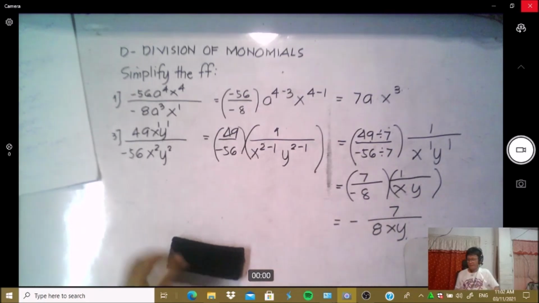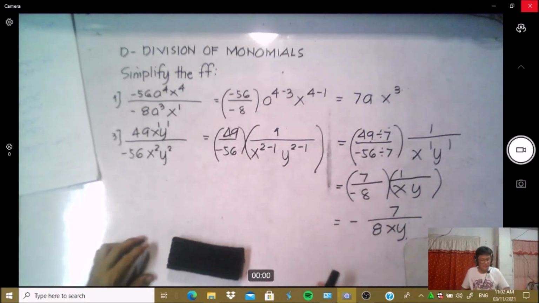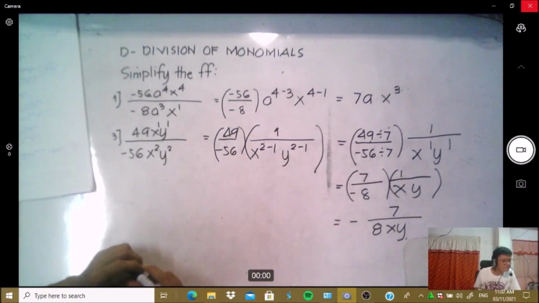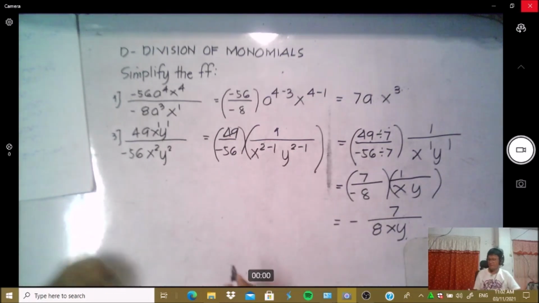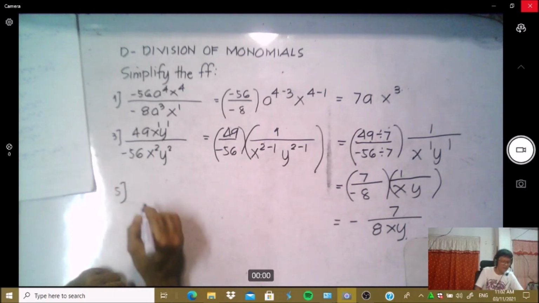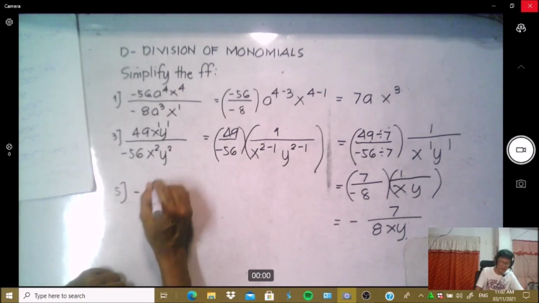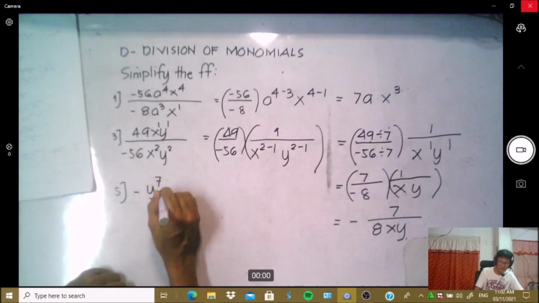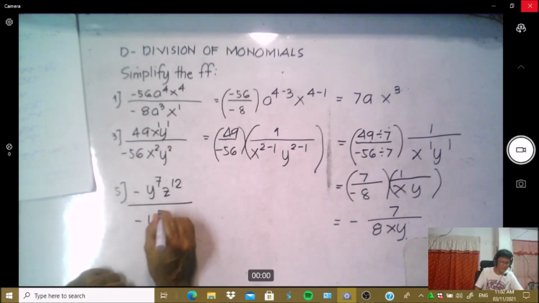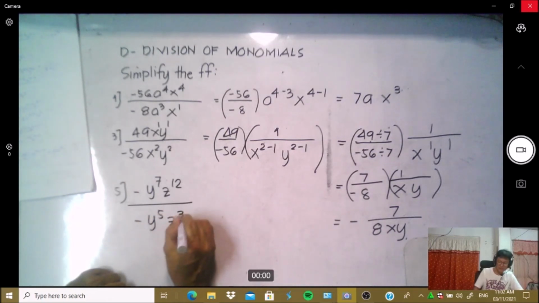Okay. So let's proceed to number. Okay, so negative 7 over 8xy. Then for number 5, negative y raised to 7, z raised to 12, then negative y raised to 5, c raised to 3.